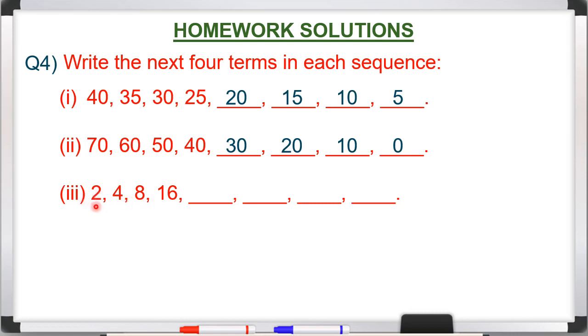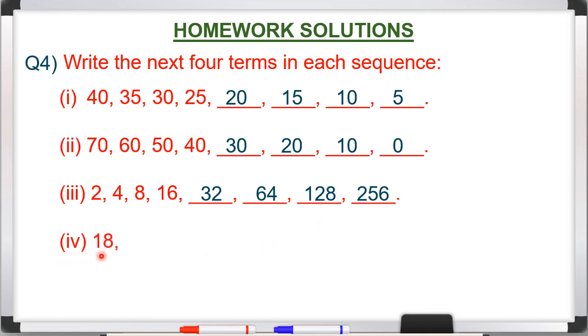Okay, see, 2 plus 2 4, 4 plus 4 8, 8 plus 8 16, 16 plus 16, 32, 32 plus 32, 64, 64 plus 64, 128, 128 plus 128 equal to 256. Clear?